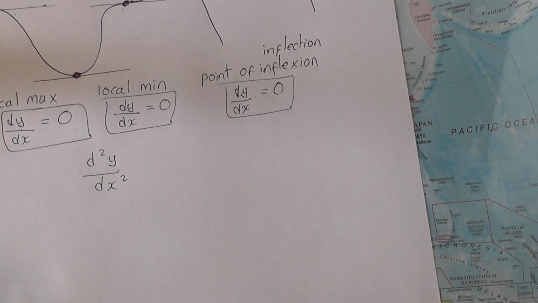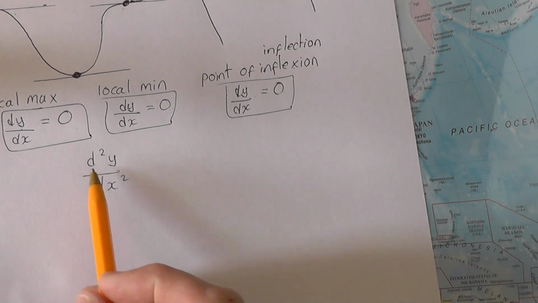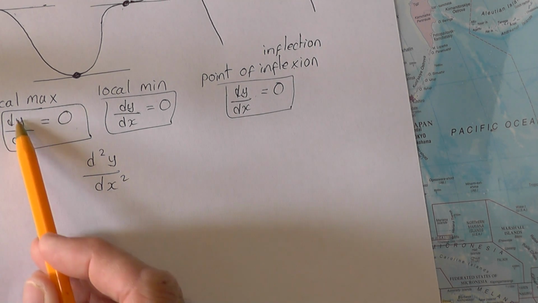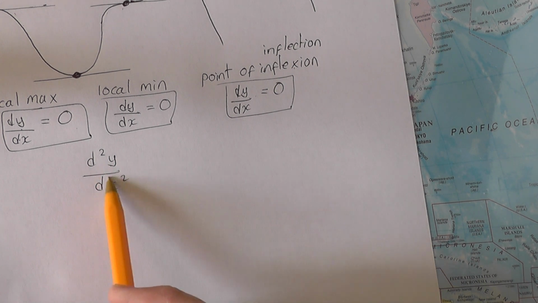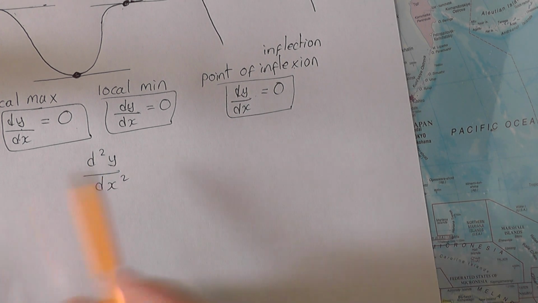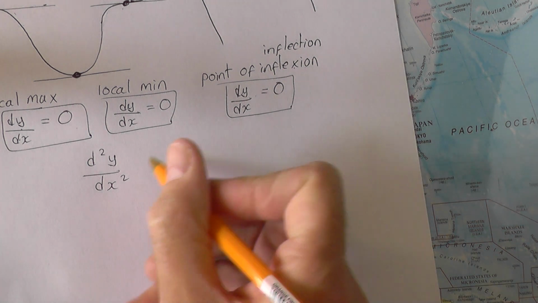So d2y by dx squared, that's, remember, the second derivative. You work out the first derivative for a particular curve and then you work out the second derivative. If you don't remember how this works in practice, I'll show you in the next video, but the test for different stationary points was this.